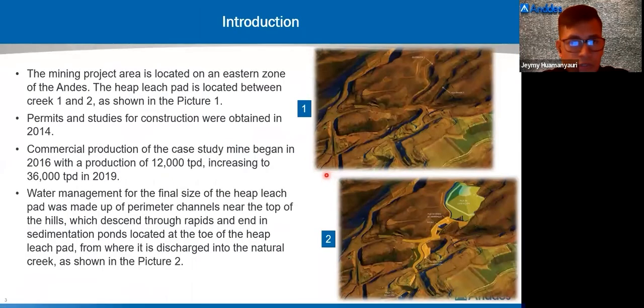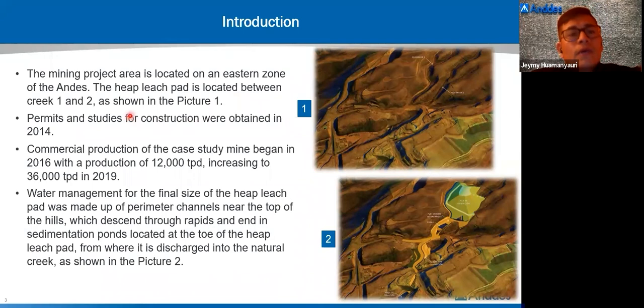About the introduction, in this slide I can show a project where I had the opportunity to participate almost 5 years ago.